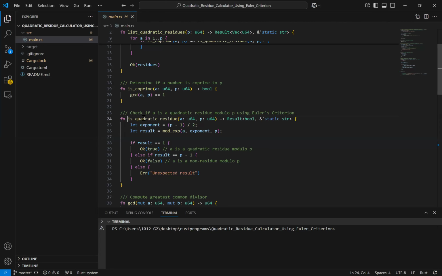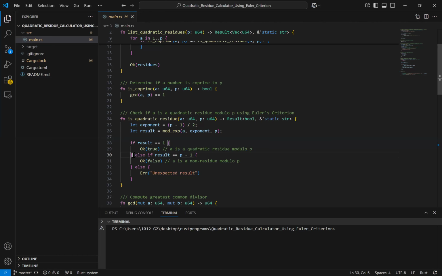That is quadratic residue. I've taken the exponent, raise it to p minus 1 divided by 2. And then the result that I get, do it mod p. And if the result is 1, then it's true that that number is a quadratic residue mod p.